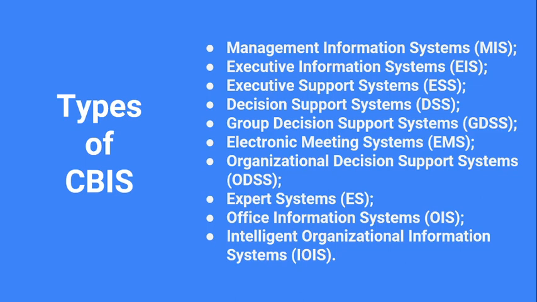Those are Management Information System, MIS, Executive Information System, EIS, Executive Support System, ESS, Decision Support System, DSS, Group Decision Support System, GDSS, Electronic Meeting System, EMS, Organizational Decision Support Systems, ODSS, Expert Systems, ES, Office Information Systems, OIS, Intelligent Organizational Information System, IOIS.